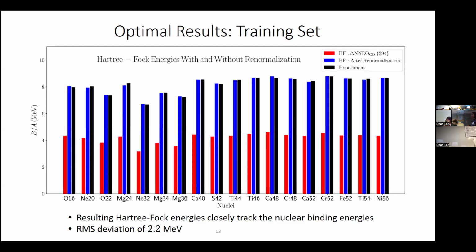Most of this energy is indeed captured by coupled cluster singles and doubles and triples, thereafter without renormalization. So this process going from red bar to the blue bar amounts to kind of saying that after this renormalization, the binding is being driven by the short range ingredients of the interaction.